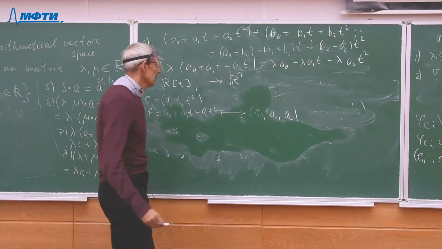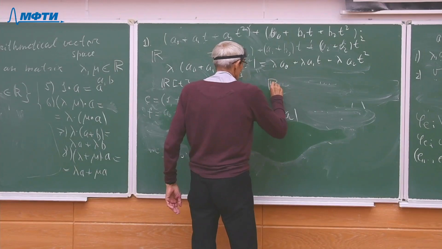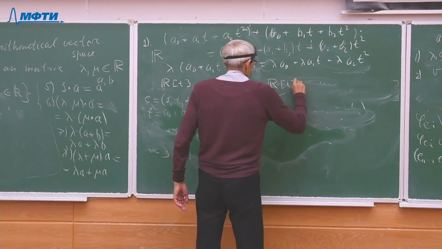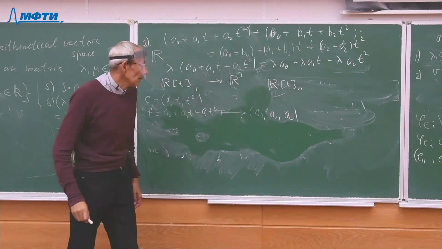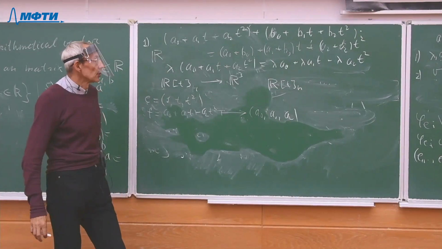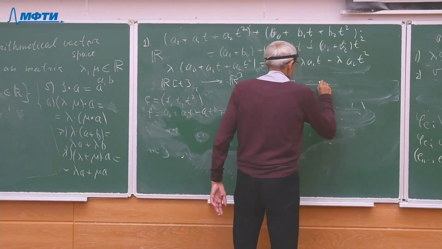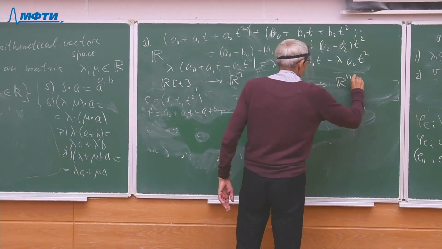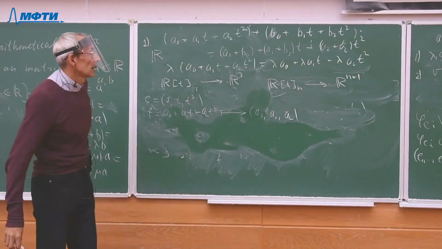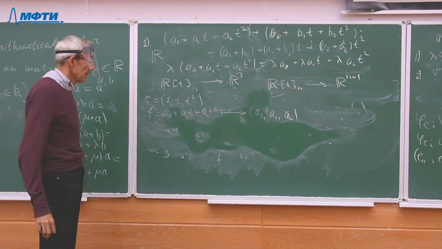In the general case, if we start with the vector space of polynomials of degree less or equal n, we obtain an isomorphism with the vector space R up n plus 1.